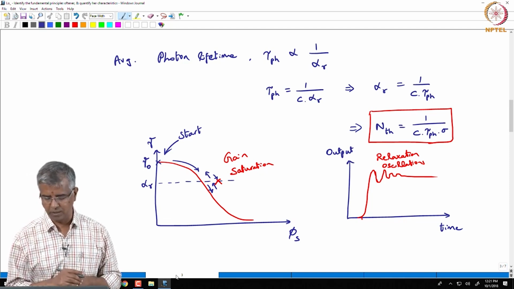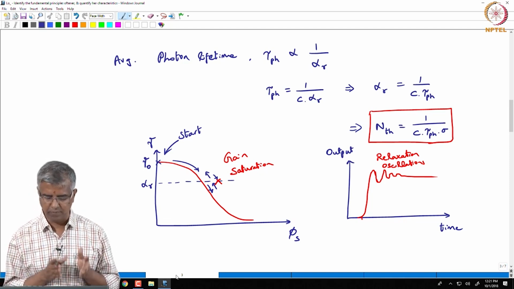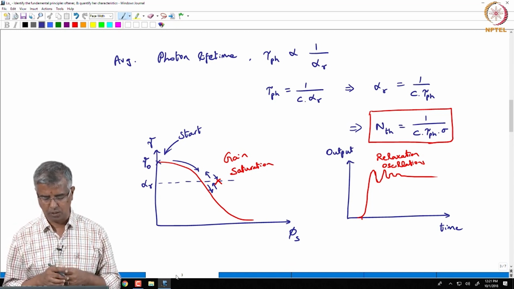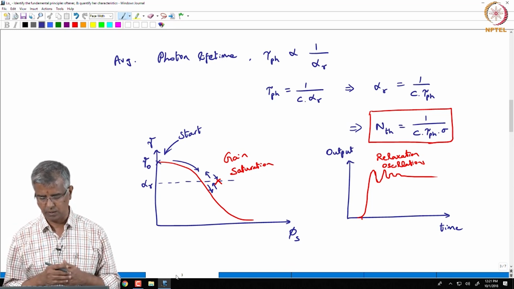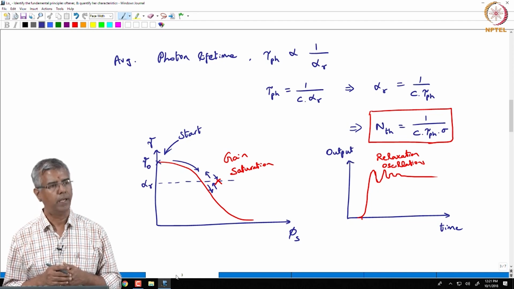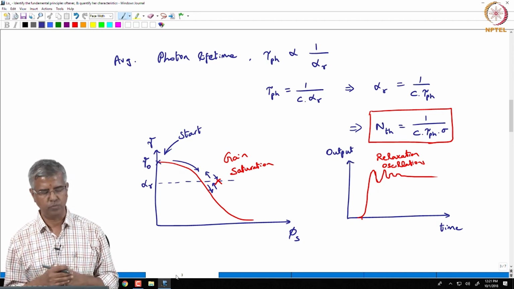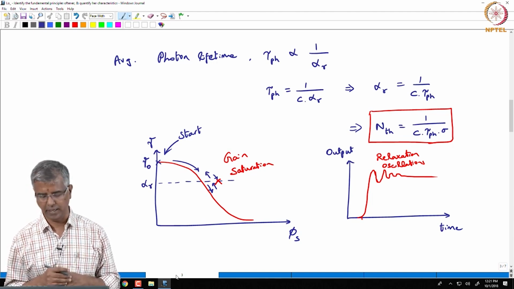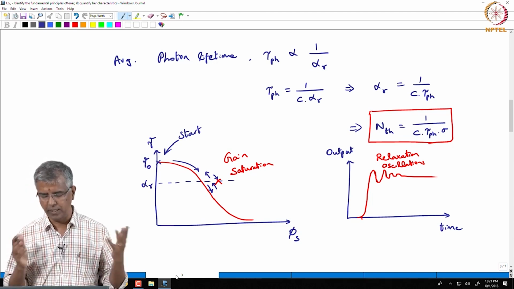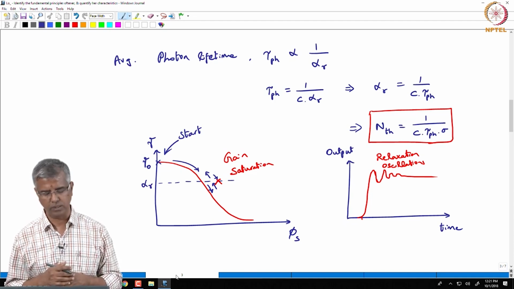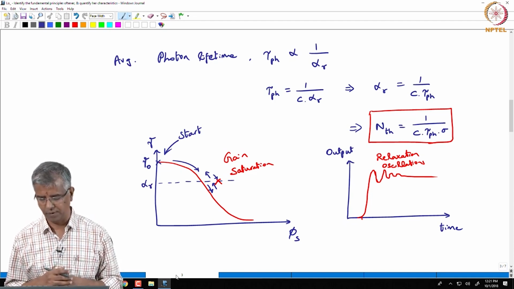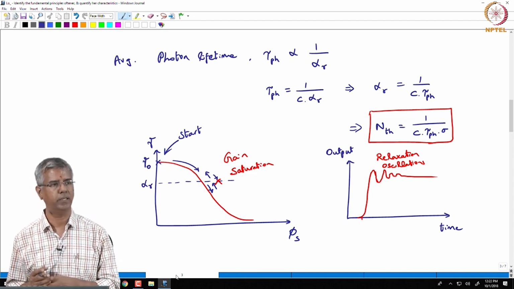What happens when we turn on the laser is we have initially very few photons at the signal wavelength, and so you have a fairly high gain. That is what we call the small signal gain, but as you build up more and more of these photons at the signal wavelength, the gain starts saturating.